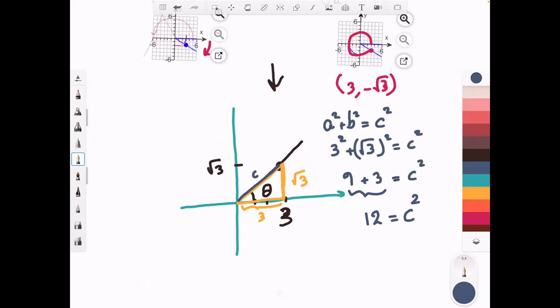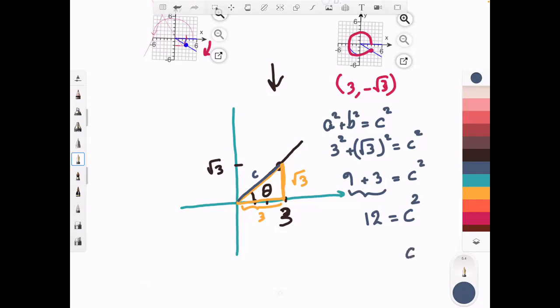Yvette, what is c? 2 square root 3. Excellent. Did you use calculator? No, I did it in my head because I remember solving this, so I'm not like rewriting it. Very good. As I said before, you guys will see a similar number. Or you can use the Elizabeth calculator.